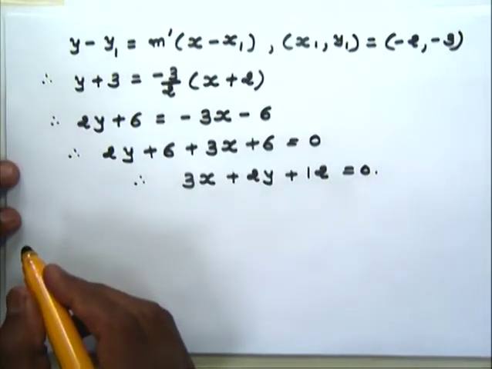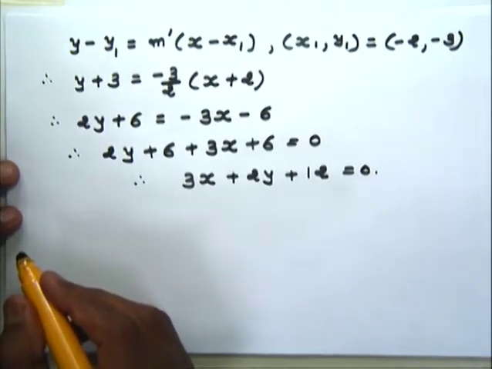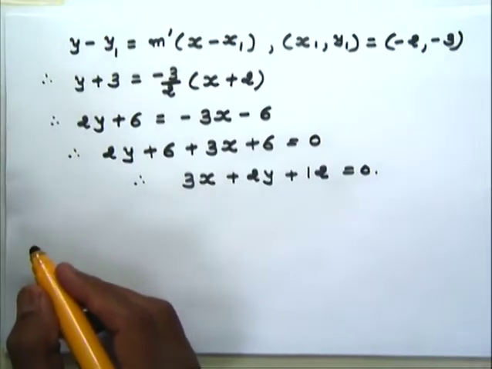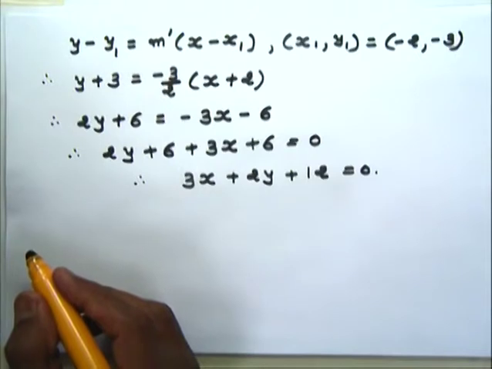This is the line which is parallel to the given line and it passes through the given point. Okay.